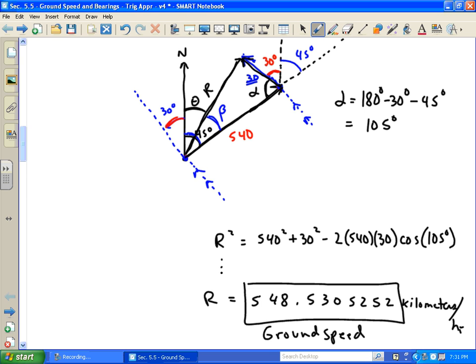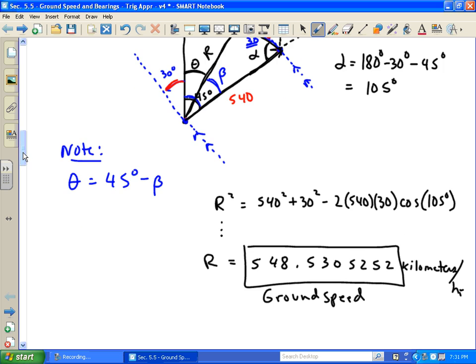Let's call that beta. If I can find beta, I can find theta by subtracting 45 minus beta. So I'm going to put a little note out here to the side. This is my general plan: I want to find theta. To find that, I can take 45 degrees and subtract off beta.